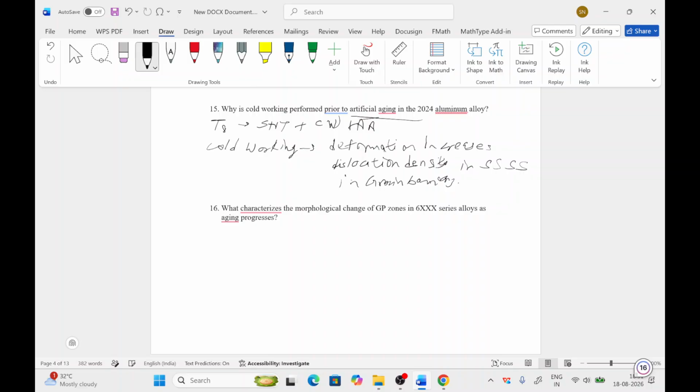So the dislocation density rho and grain boundary density increase.